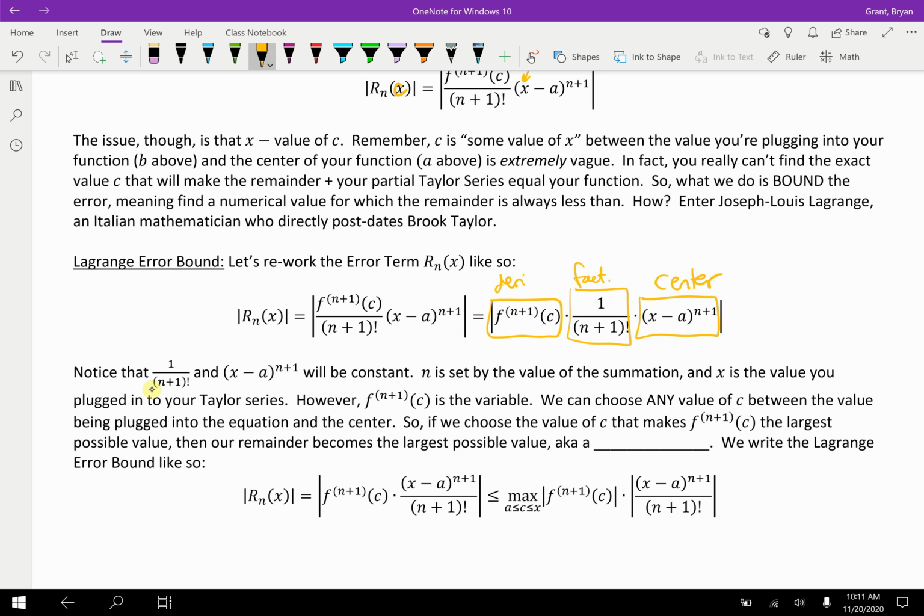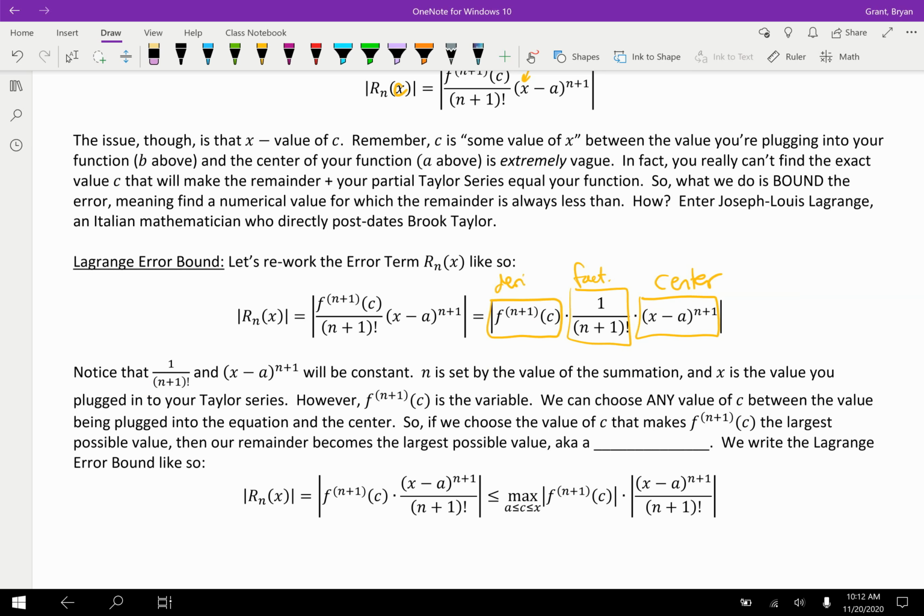The factorial and the center are constant values. Right? There's no way that you can change these. This is just a power, this is just a factorial, they're concrete. The only thing that changes based on the different functions we use in terms of a Taylor series is the derivative. The derivative is different for pretty much every function.